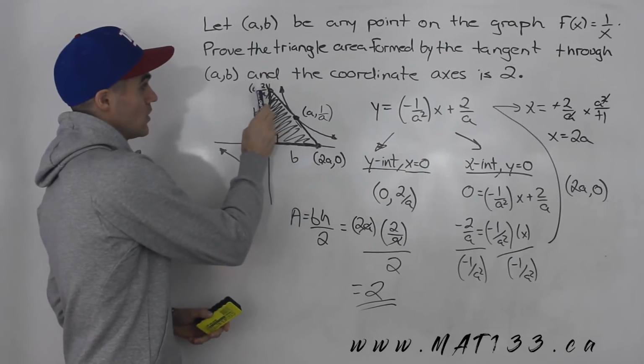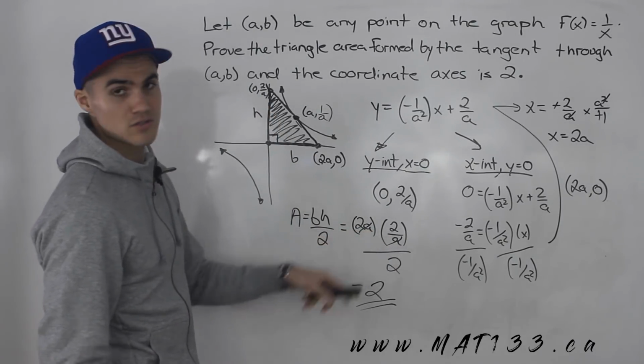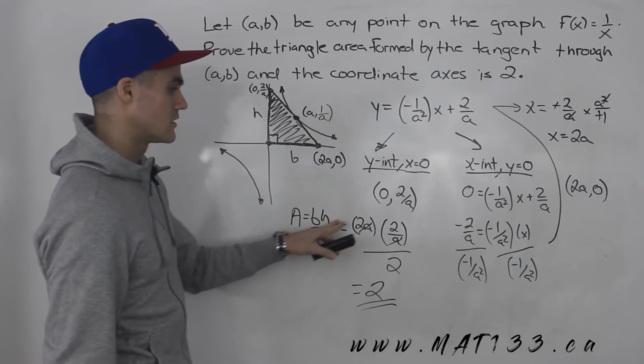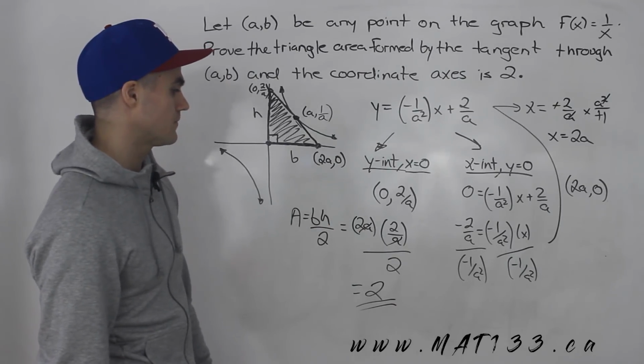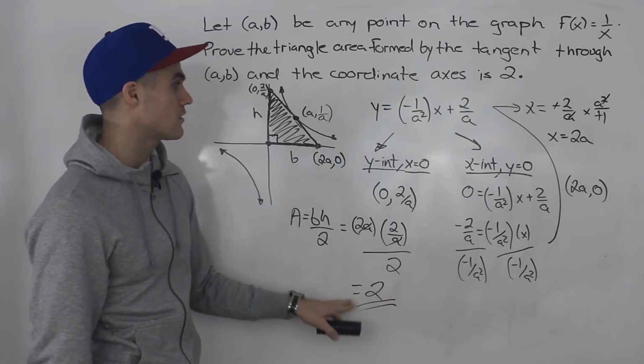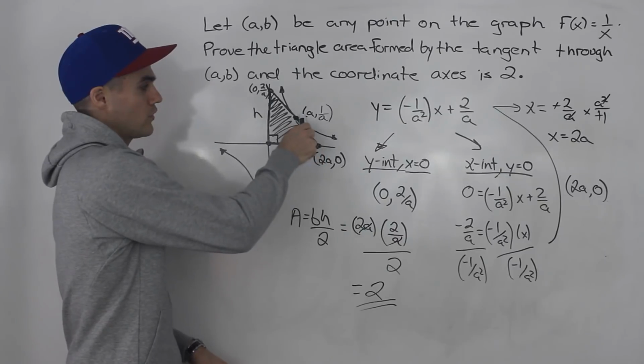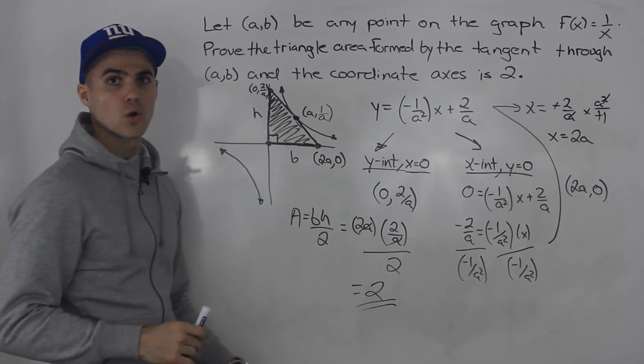X-intercept's your base, y-intercept's your height. Multiply them together, the a's cancel out, so the a's are sort of irrelevant. So 2 times 2 divided by 2, 4 divided by 2 gives us an area of 2. So that's going to be the area of the triangle that's always formed with a tangent line on 1 over x and the coordinate axis.